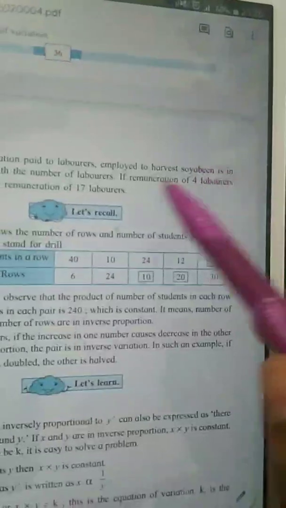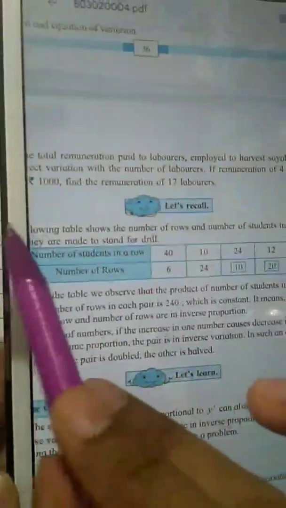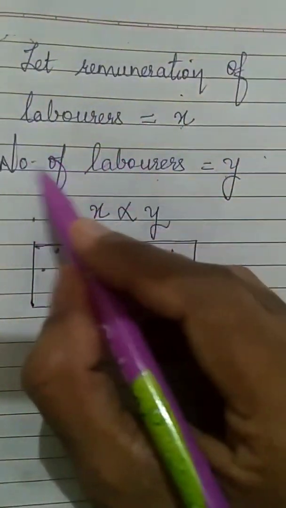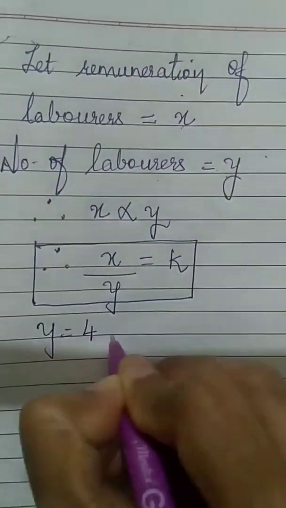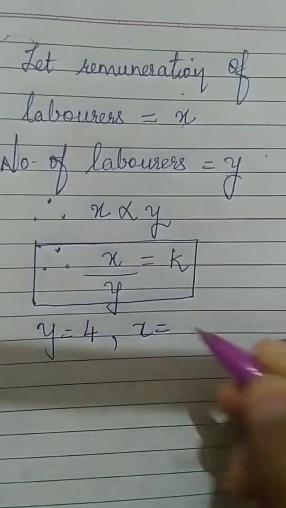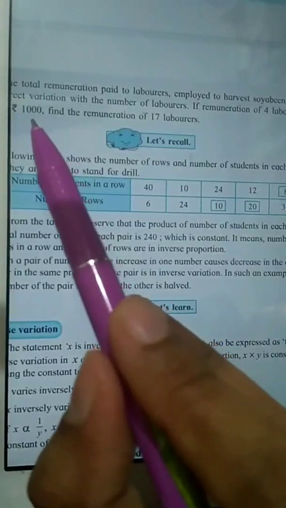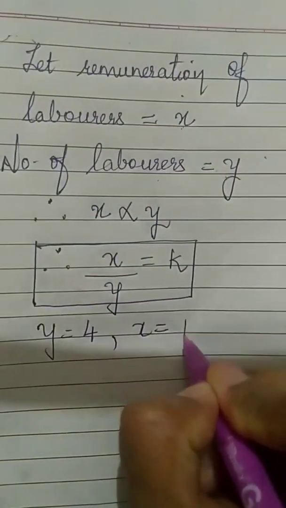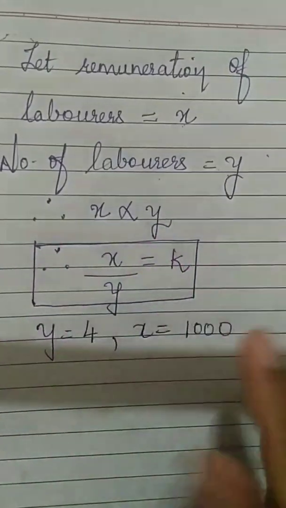Now see the remaining part. If the remuneration of 4 laborers, so number of laborers we had taken Y, no? So Y is equal to 4 and X, what is the salary? The remuneration is 1000 rupees. So salary is 1000. Okay, let us put it in this equation.